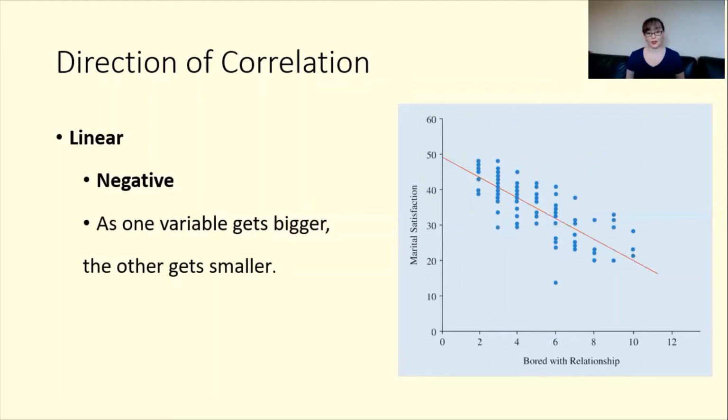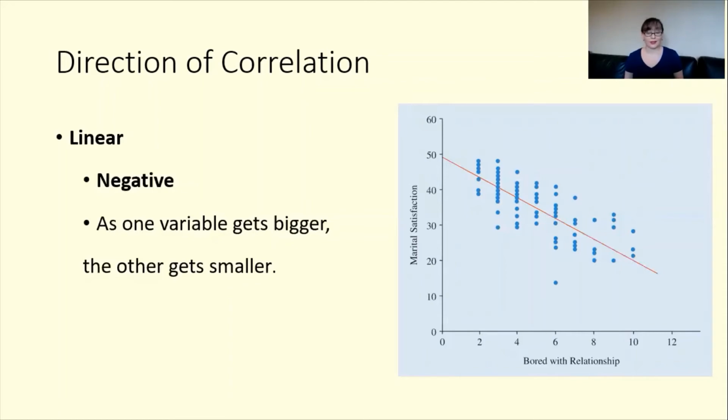On the scatter plot that we see here, we see boredom with relationship on our x-axis or horizontal axis, and we see marital satisfaction on the y-axis or the vertical axis. And we can see that the slope of this line is the opposite of that of the positive correlation. This goes in this direction, with our slope of our line moving from the upper left to the bottom right.